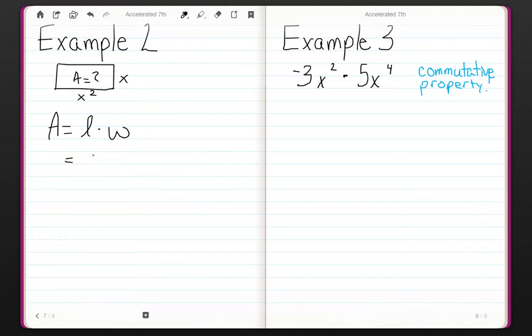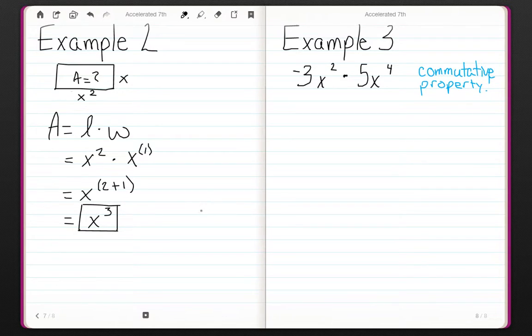My length is x squared times my width of x. Now, remember that there is an unstated exponent of 1 right here. It's 1x by itself. So this would be x to the 2 plus 1 power, or x to the 3rd power.